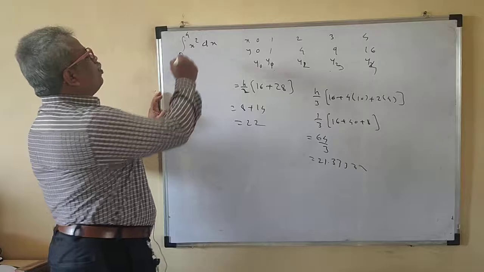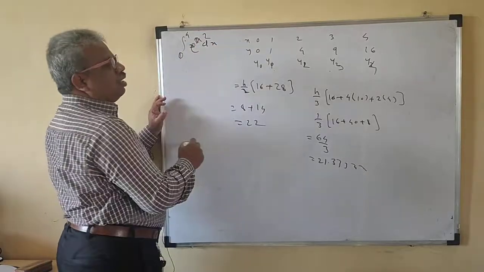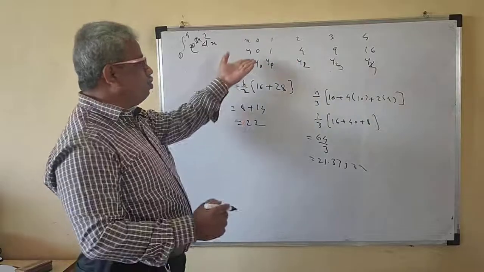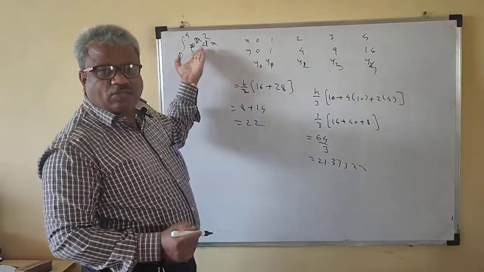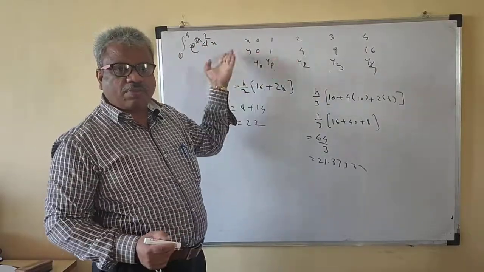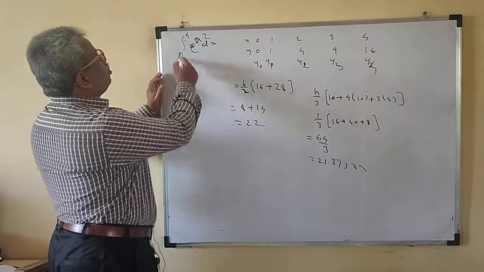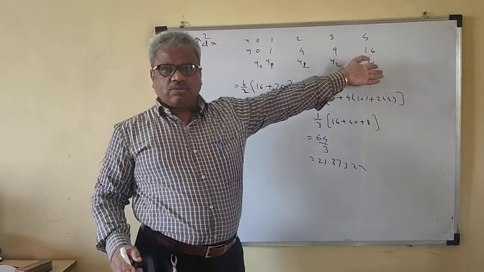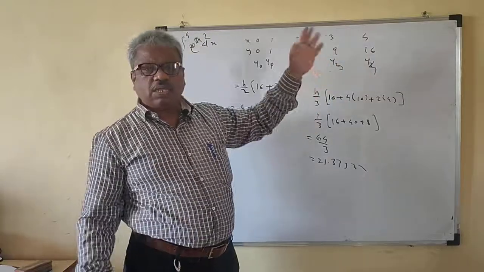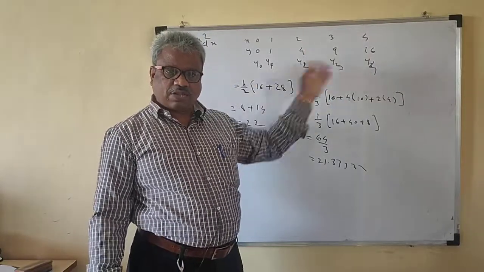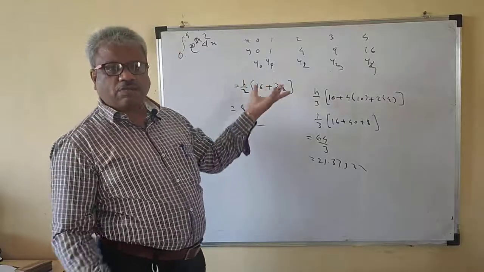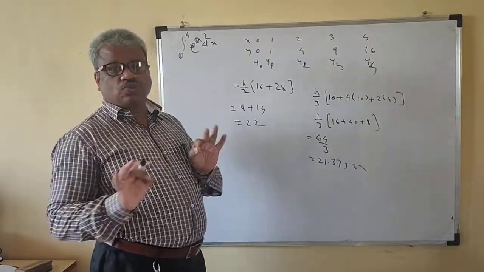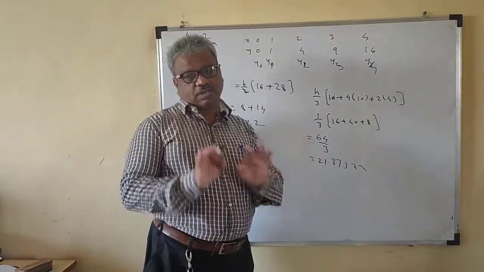Suppose e raised to x squared is given and the table is provided to you. There is no need to find the values of e raised to x squared. You find the integration from 0 to 4 by using the data, by the trapezoidal rule, Simpson's 1/3 rule or 3/8 rule, whichever is applicable. You just have to apply the formula, so you should remember the formula.